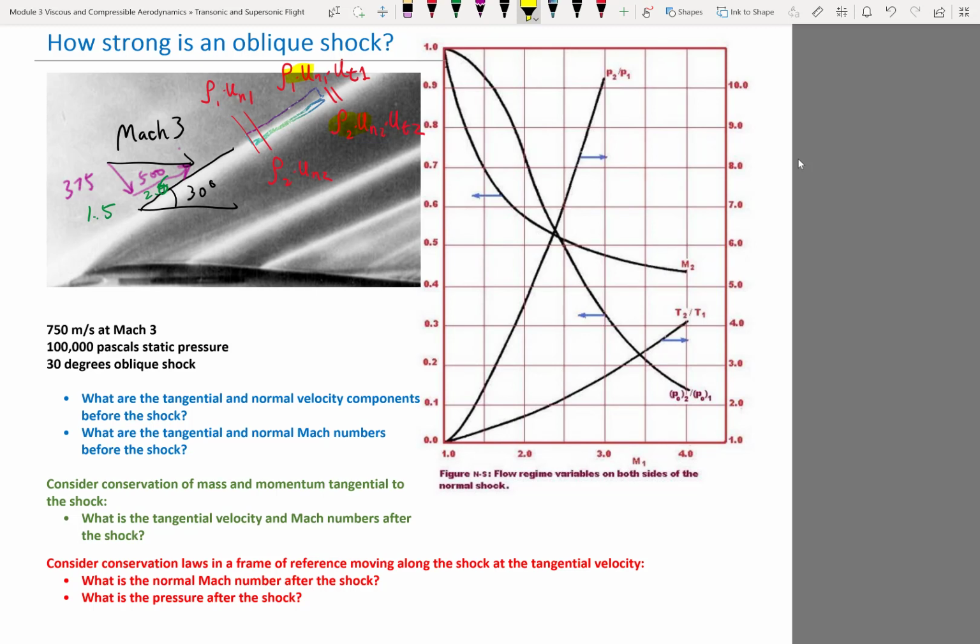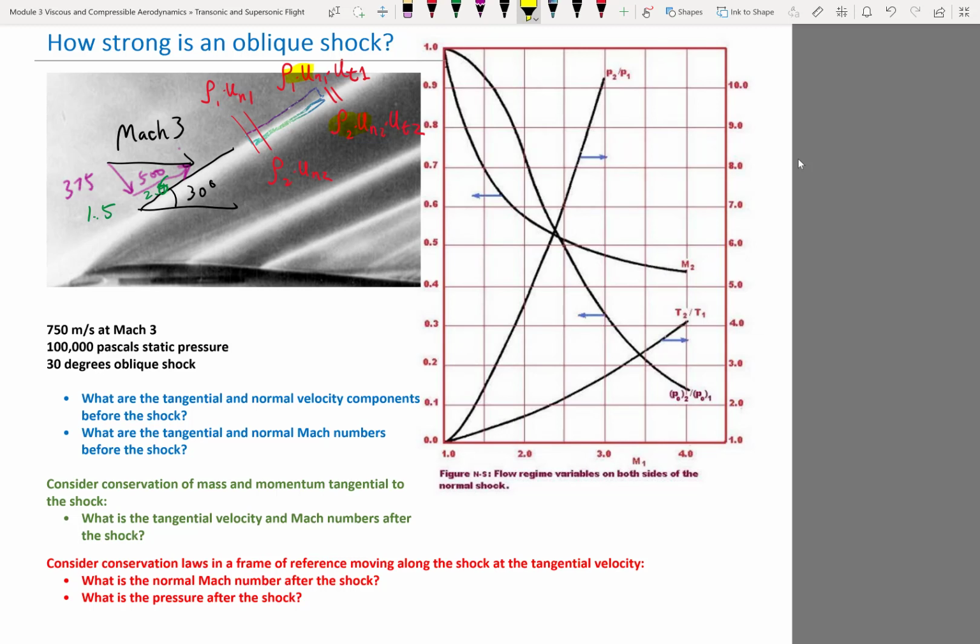What is going to be the velocity upstream of the shock if I choose a different frame of reference? How would this Mach 3 velocity change? I would only see the normal component, yes, because my frame of reference is moving with the same velocity as the tangential component, right? How about the flow after the shock wave? What direction is the flow after the shock wave?